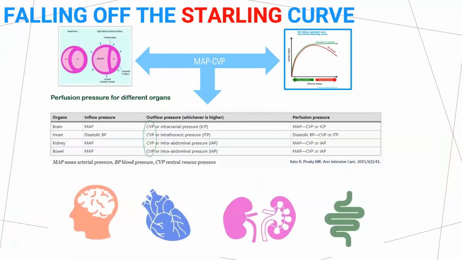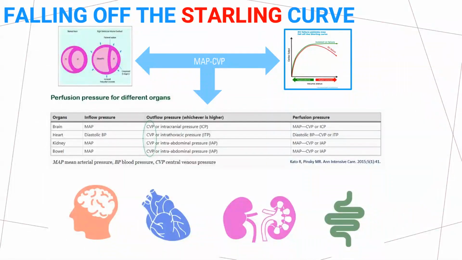Another very important physiological note is the decreasing perfusion pressure. Perfusion pressure of the brain, heart, kidney or bowel depends on the difference between MAP and CVP: for the brain, MAP and CVP; for the heart, diastolic blood pressure and CVP; for the kidney, MAP and CVP or intra-abdominal pressure; for the intestine, MAP and CVP or intra-abdominal pressure.